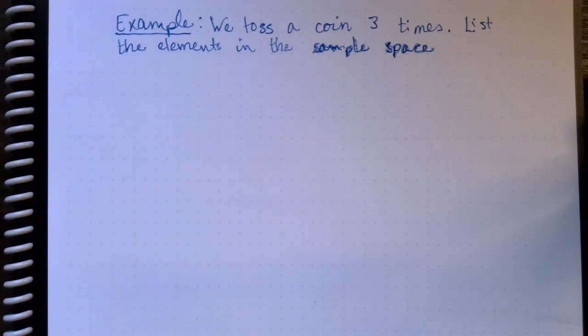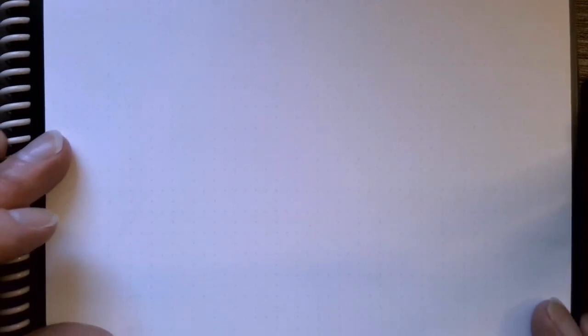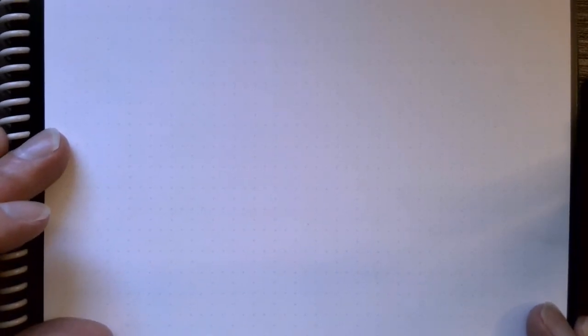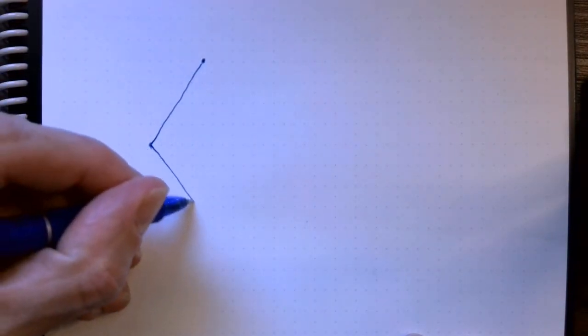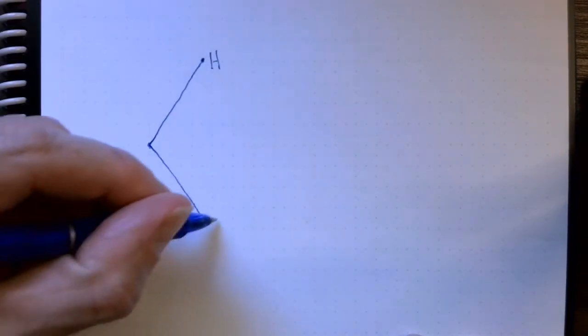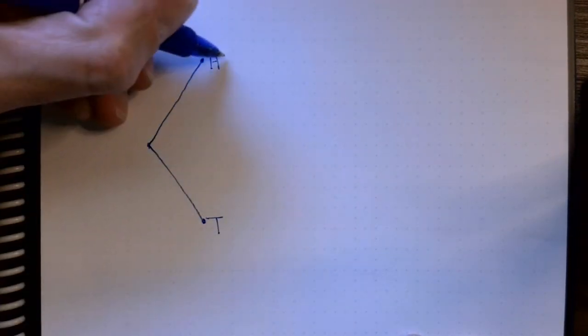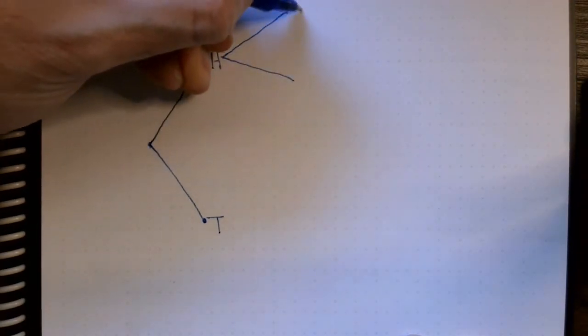Now, in this particular case, I need a list of all possible outcomes. I'm actually going to use a little diagram to help me organize my thinking here. Okay, so this is called a tree diagram for kind of obvious reasons. So the first toss, I toss the coin the first time and it either comes up heads or tails.